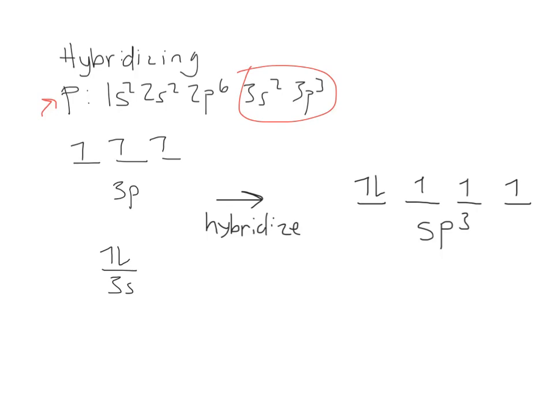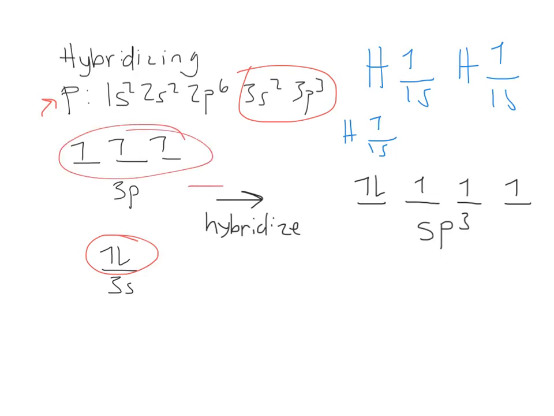So to be able to bond with the 3 hydrogens, which we know have 1 valence electron each, phosphorus here has to hybridize, and this lone pair as well as these hybridize together to give us sp3.